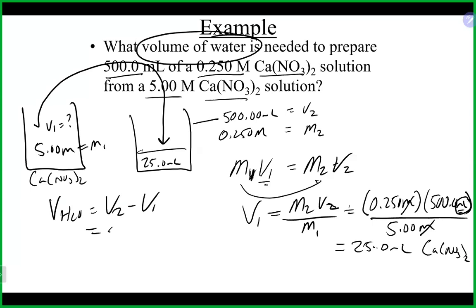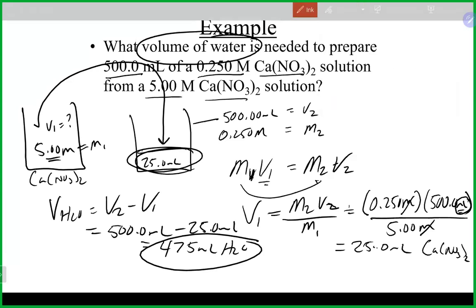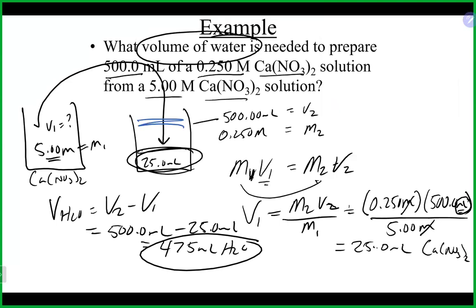So we'll take our V2, which is 500 milliliters, the total volume we want. We obviously have already put in there 25 milliliters of our more concentrated solution. That means that we would need to add in there about 475 milliliters of water with it. And 475 plus 25 gives us our grand total of 500 milliliters.